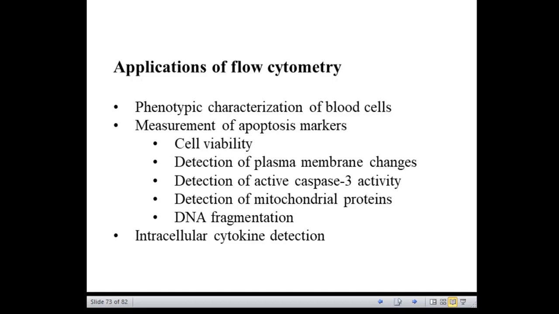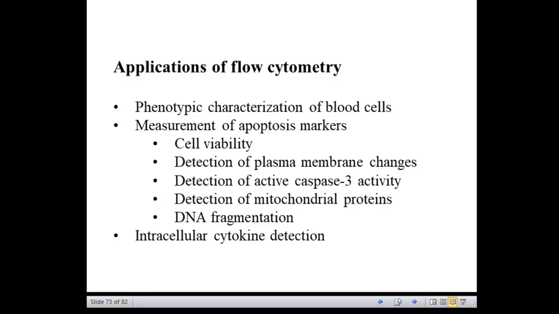These specific antigens can be expressed on more than one cell type. Therefore the immunophenotyping of the cells can be accomplished by staining a single cell simultaneously with two or more antibodies.